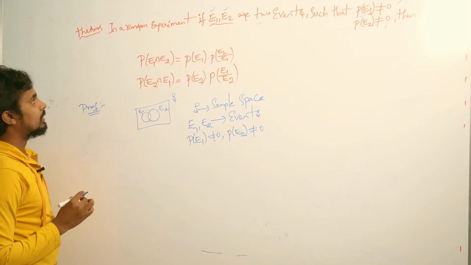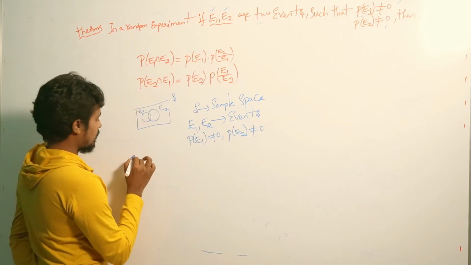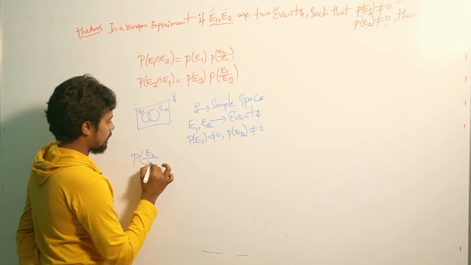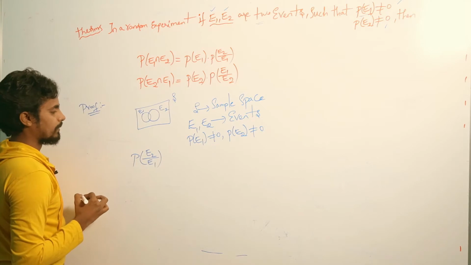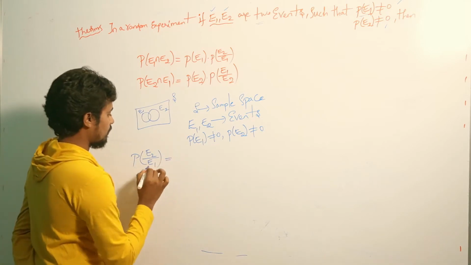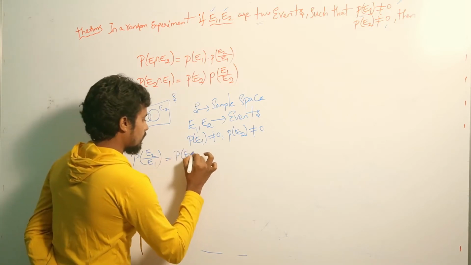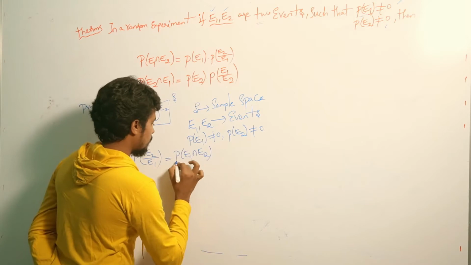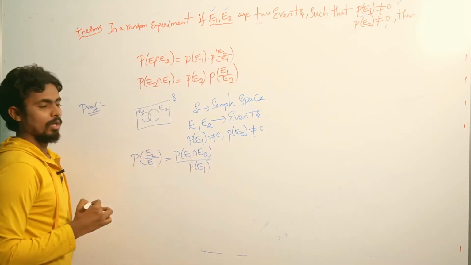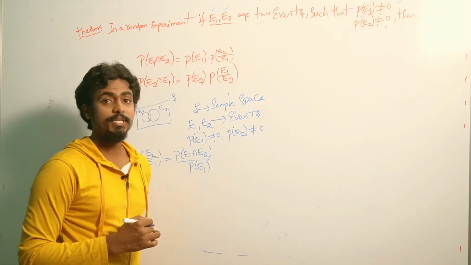If you take one example, P of E2 divided by E1 will be P of E1 intersection E2 divided by P of E1. You already know here E1 and E2 are independent events.